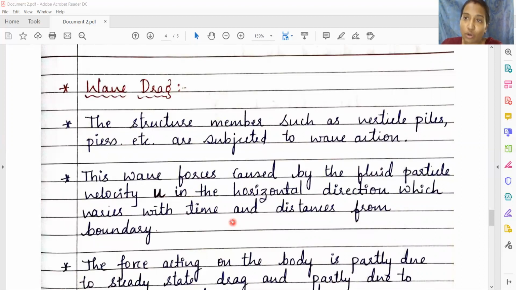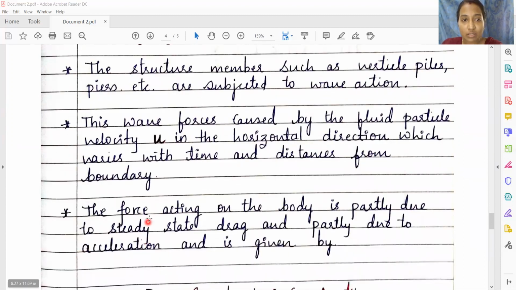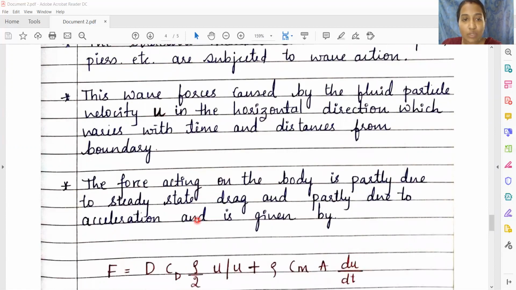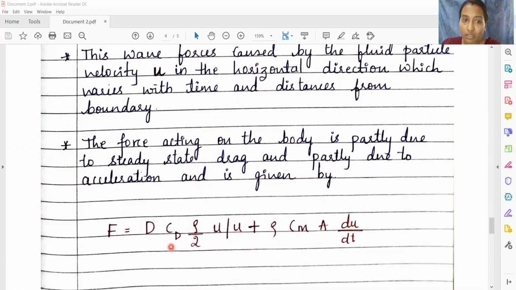Due to the horizontal direction of the velocity, this wave drag occurs. So how can it be defined? The force acting on the body is partially due to the steady state and partially due to the acceleration. So this is called wave drag here. This can be indicated by the mentioned expression.